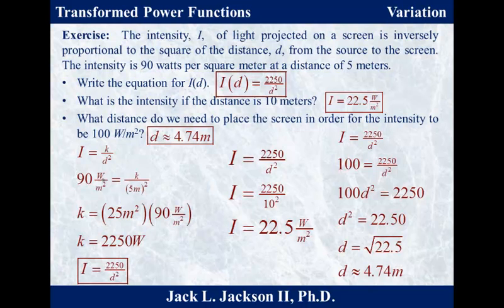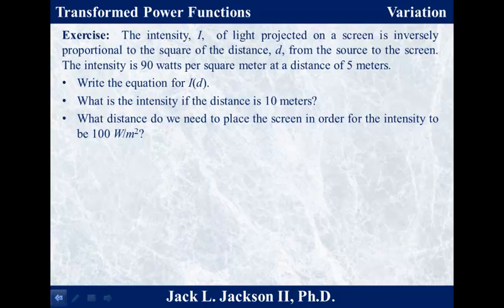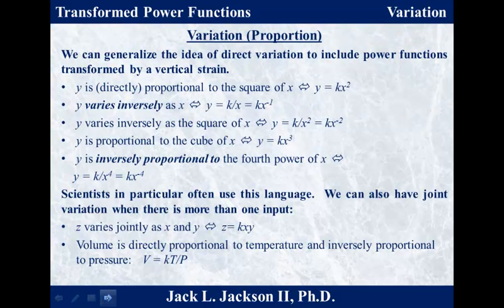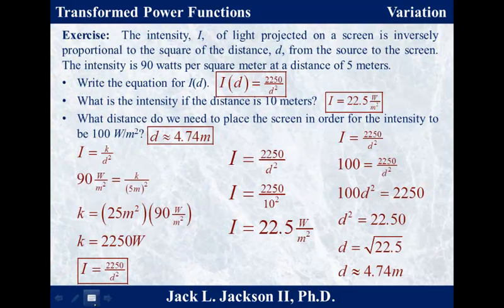So notice in general, this is how you work a variation problem, direct, indirect, whatever. You set up the equation first, knowing how to transform the language into an equation, which is what we saw back on this slide here. Once we have that, we take an initial condition, plug in for the unknowns, and solve for the constant, which is unknown but not variable.